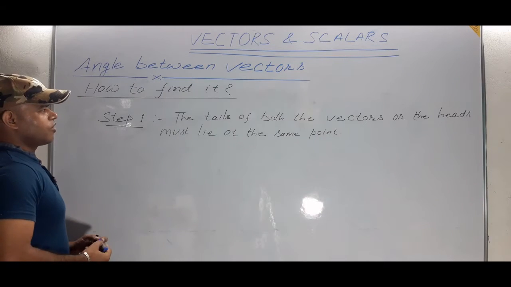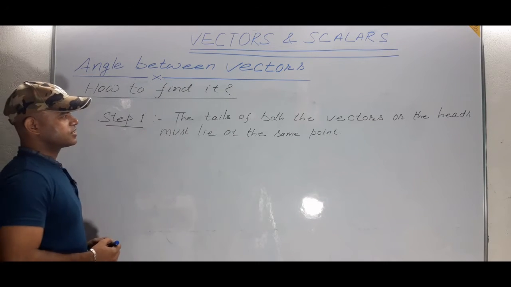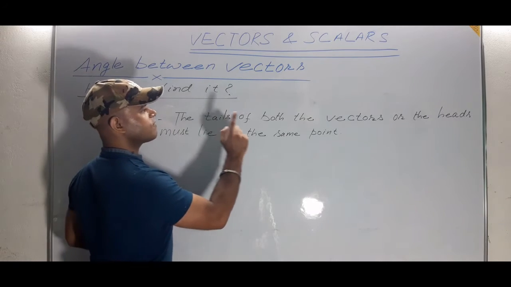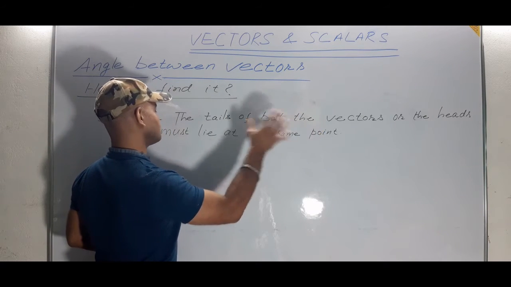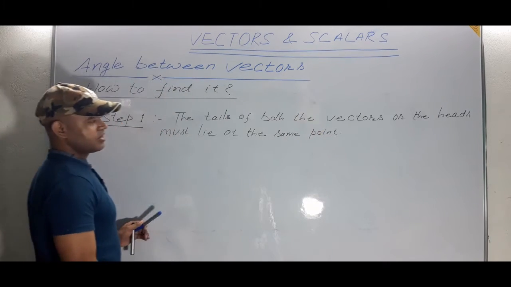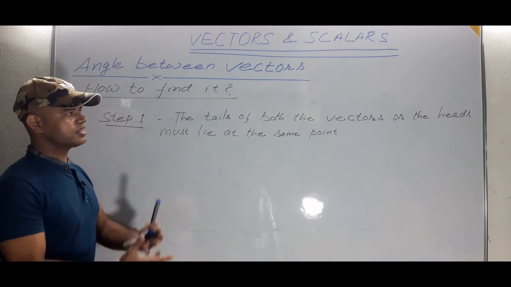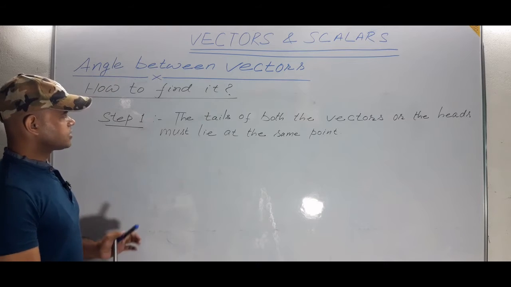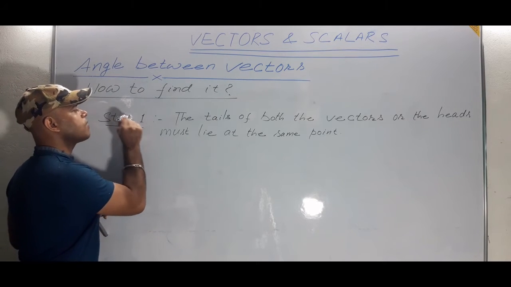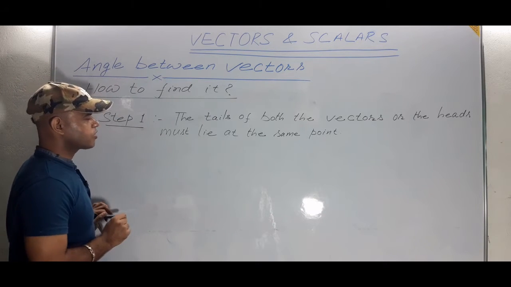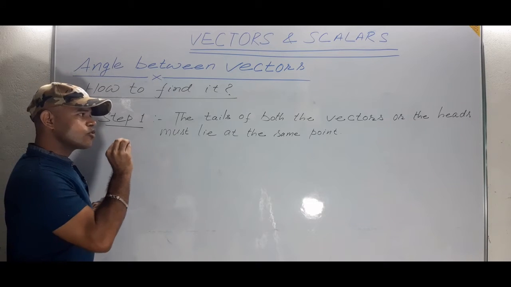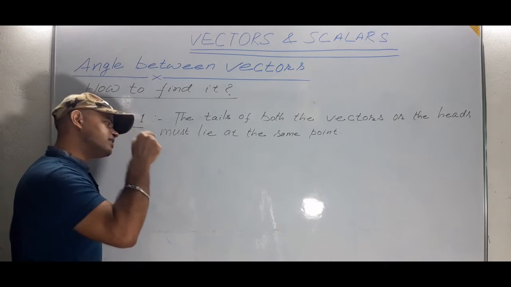So look, step number 1 is the tails of both the vectors or the heads must lie at the same point. Means before expressing the angle between the vectors, first of all you should meet step number 1. You should meet this condition. What is that? The tails of both the vectors must lie at the same point.